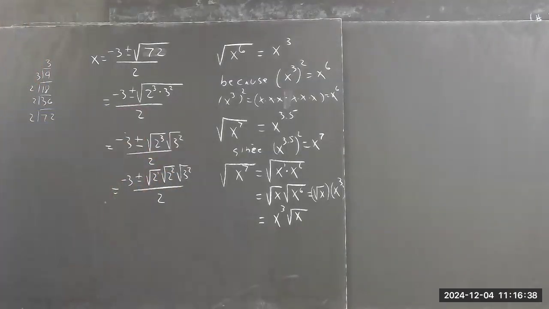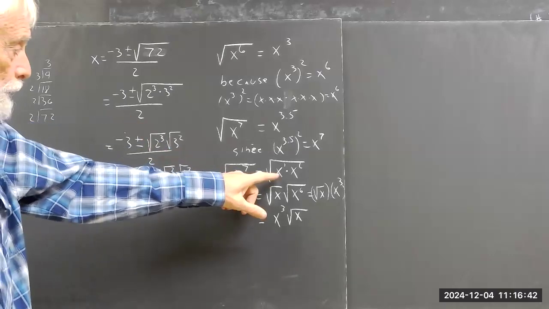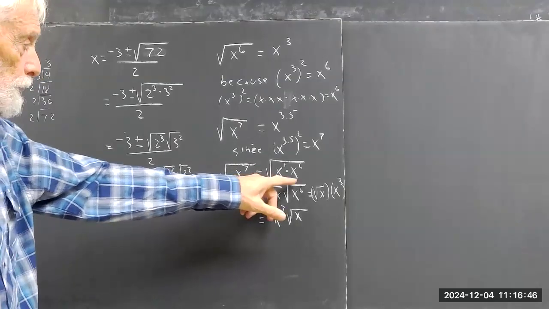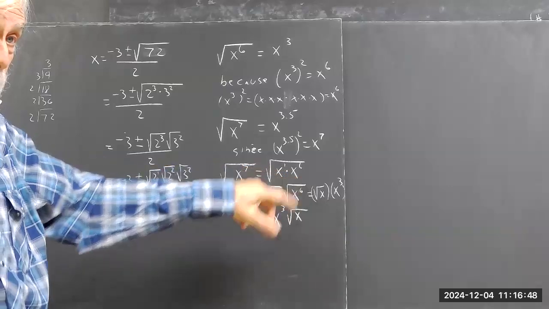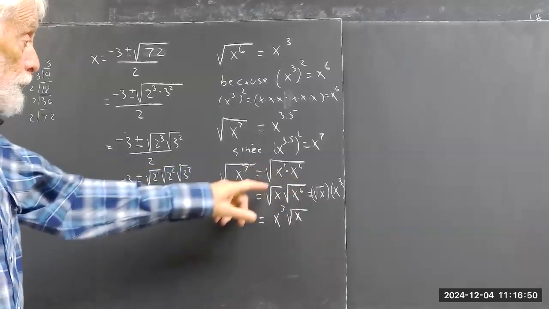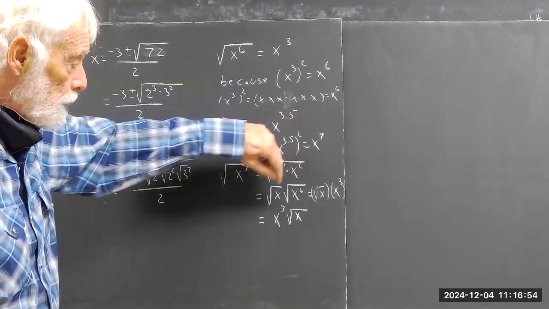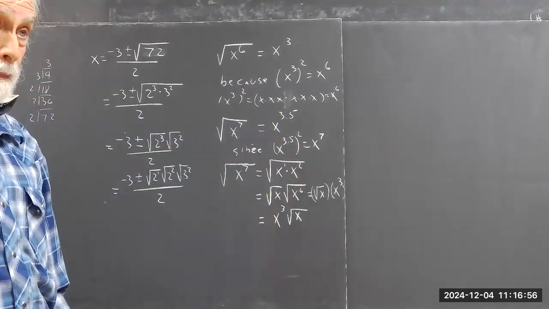When we multiply, we can add the exponents. I did a step like this, where I had a 2 to the 1 times 2 squared, instead of the x to the 1 and x to the 6. The square root of a product is the product of the square roots.